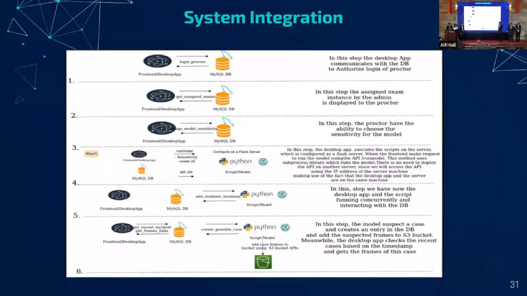When the user starts an exam instance, a feed is fed into the model, which tries to detect a cheating incident. And when a cheating incident is detected, the user is prompted on the front end to either report or dismiss the case, which is then updated to the back end. This is just a summary. And now Mohammed will continue with the data set.